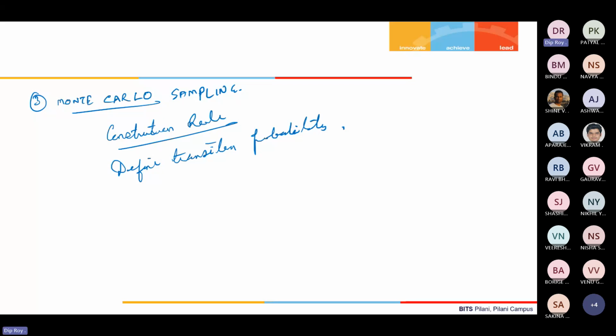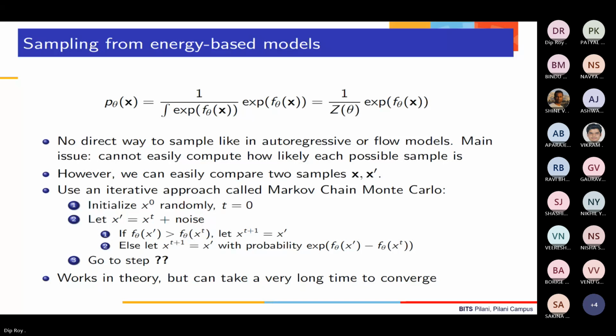Now, how do we go about it? Let's go back to our slide. This is the subsequent slide where we wanted to sample, but we said, how do we sample from this? We sample from this using Markov chain Monte Carlo.